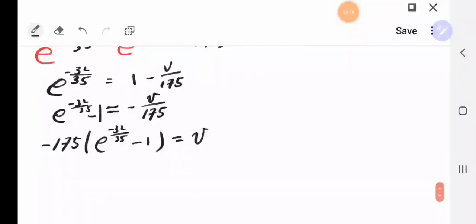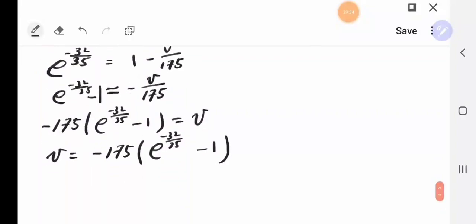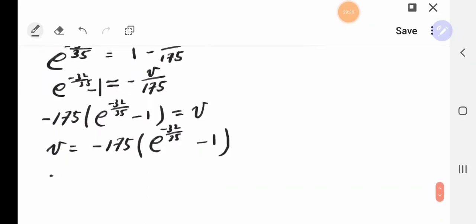Let me rewrite it. So v is equal to negative 175 times e to the negative 32 over 35 minus 1. So this is the expression for the velocity. Using a calculator, v will be approximately equal to 104.83. So this should be, is it feet per second? Something like this.